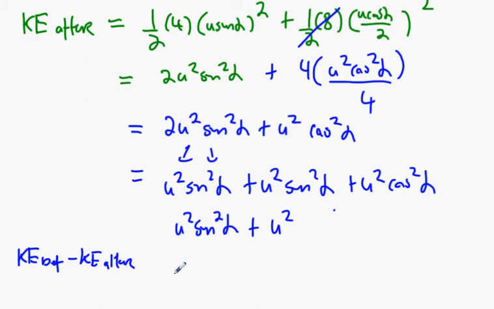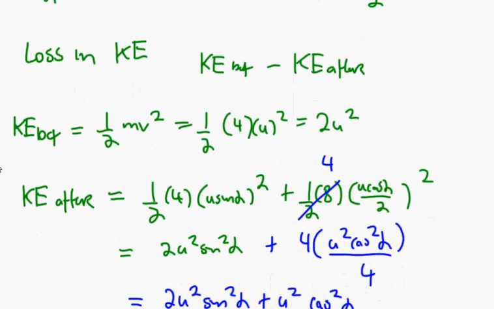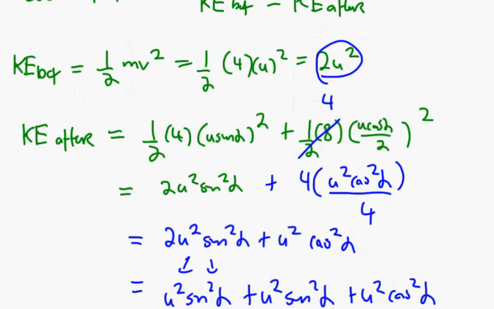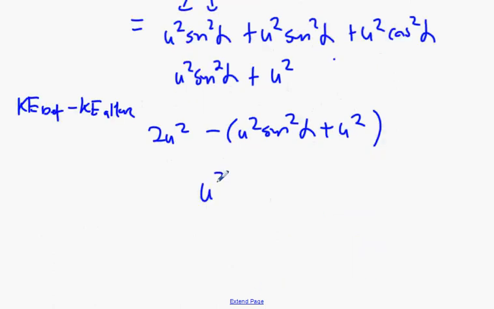So that is 2u squared, which is here, take away the rest of it, which is minus u squared sine squared alpha. Oh, minus u squared. I'll say plus u squared. So we're going to get u squared minus u squared sine squared alpha. That should be an acceptable answer, right?